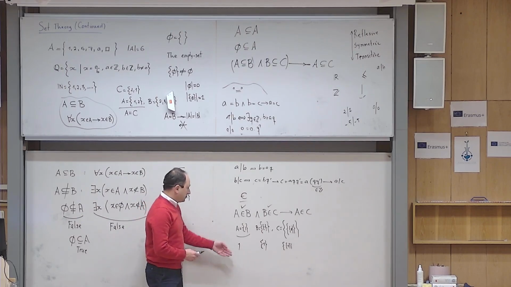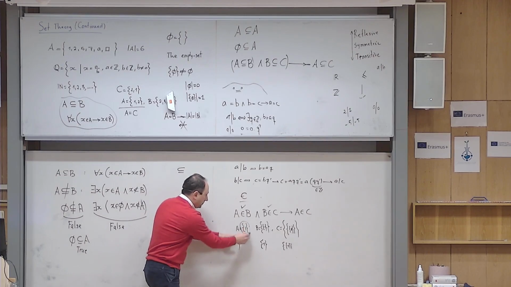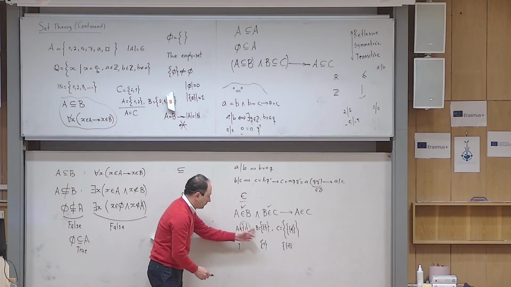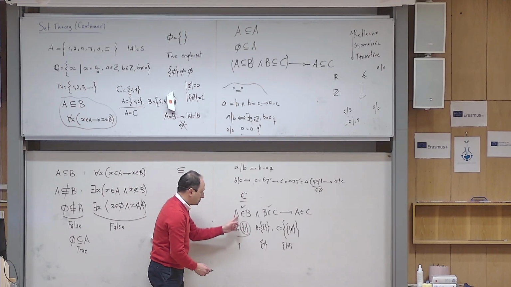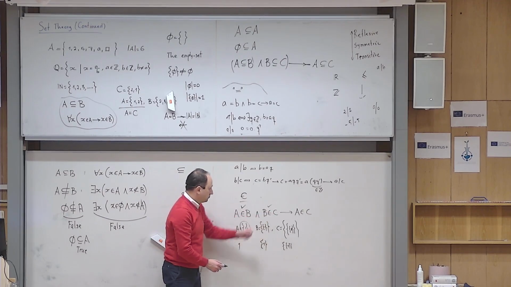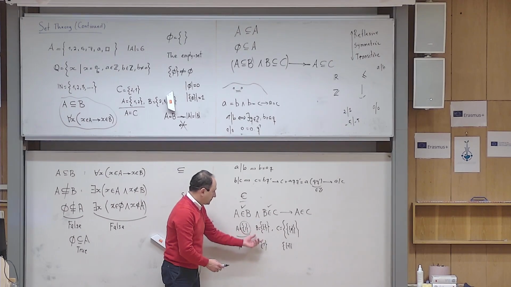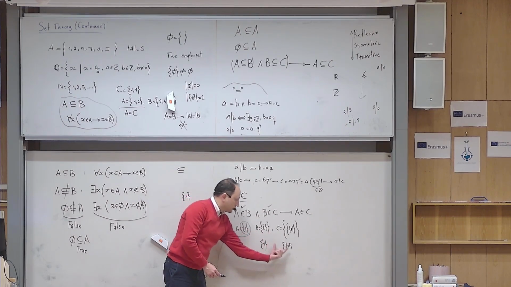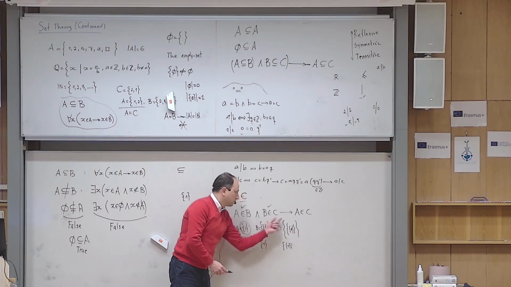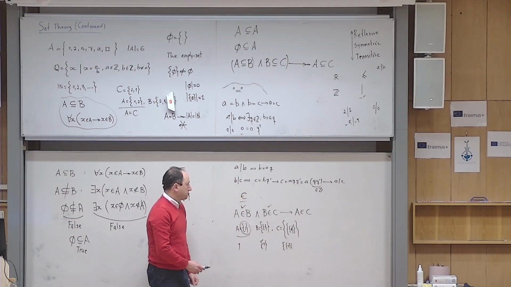So you see that A belongs to B because this is your A, and this is the only element of B, which is A itself. So this is true. B belongs to C, yes, because this is B, which is here, and this is the element of C. But A does not belong to C. So you see that this relation is not transitive.